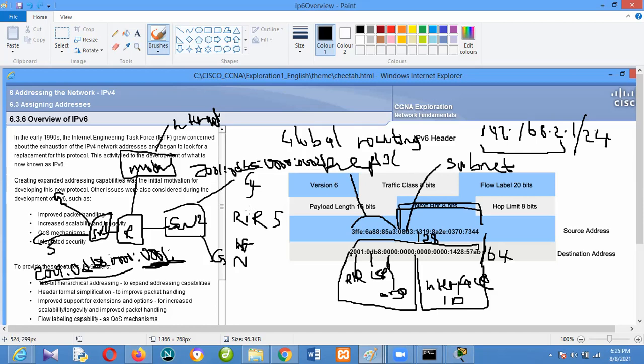Then if I've done that, I need more space.